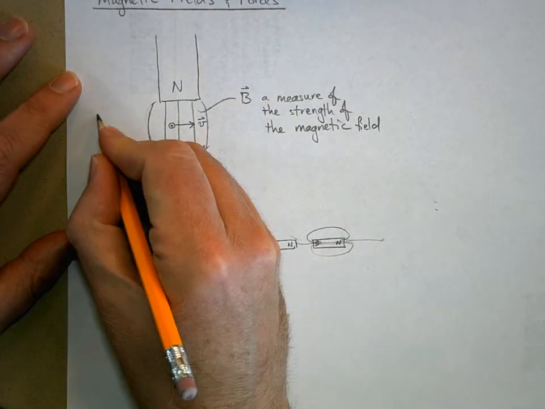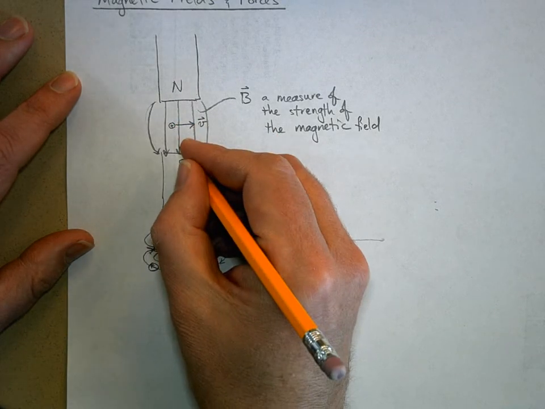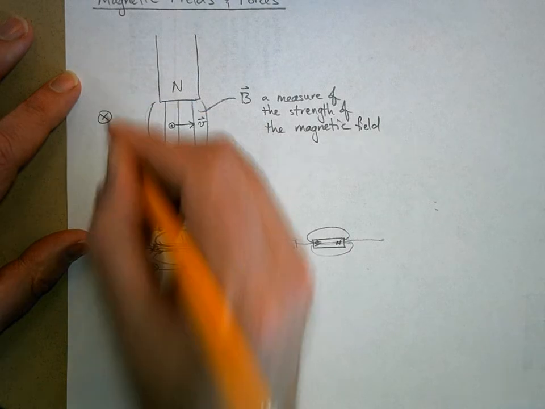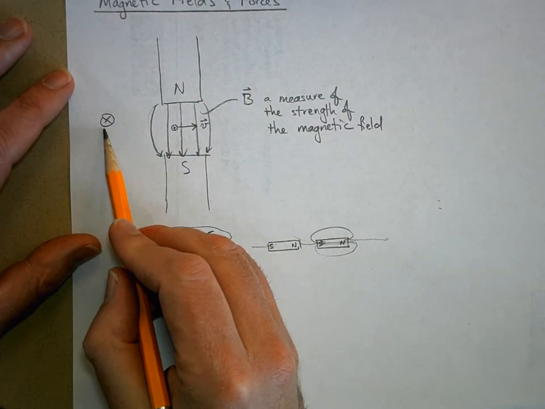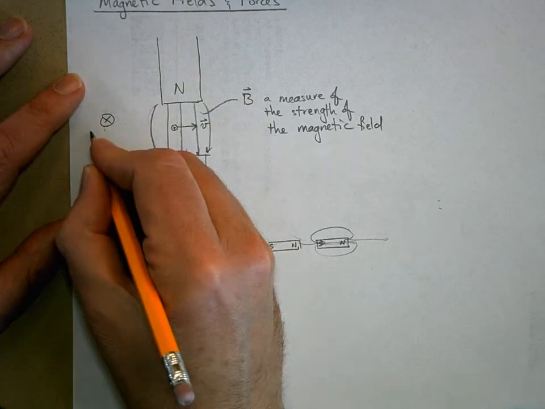So if I have a force that's into the paper, next to the charge I'm going to put a little cross like that. This symbol right here means the vector's going into the paper.